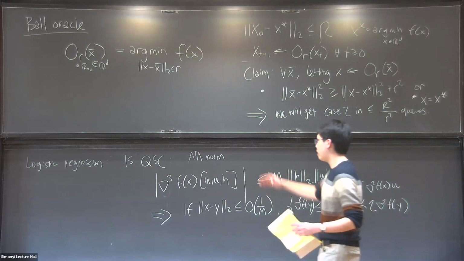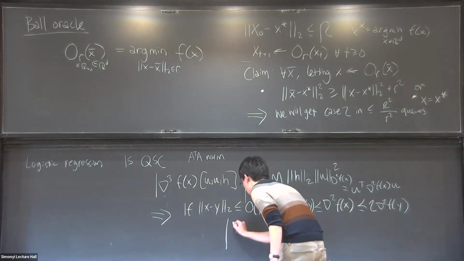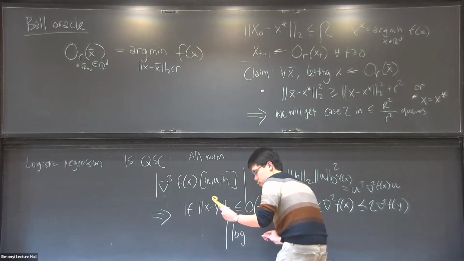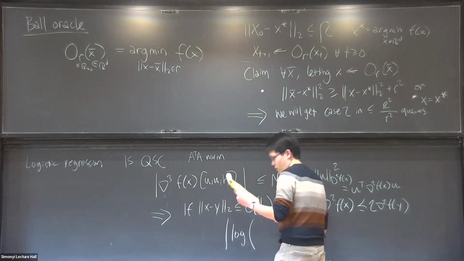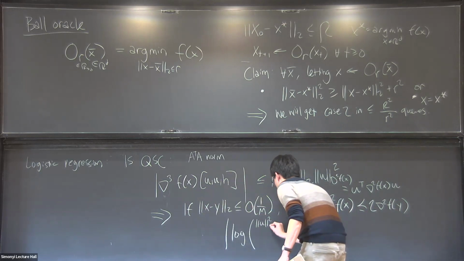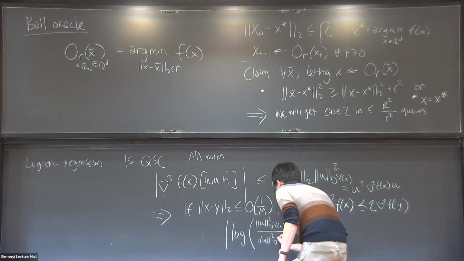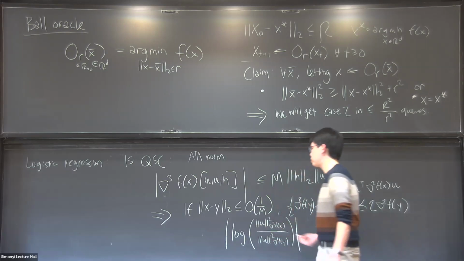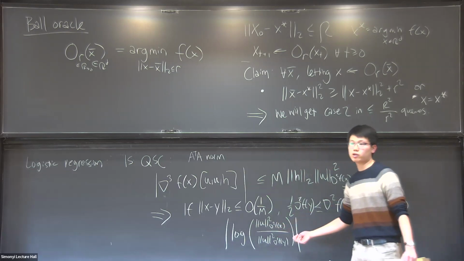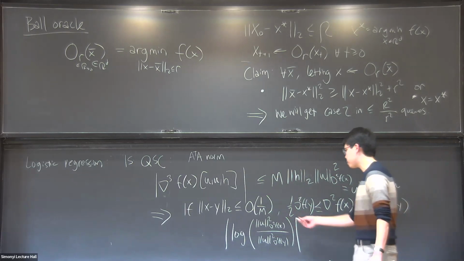To see why this implies this, it's just a one-line calculation. Maybe let me not say too much about it, but the idea is like this. The hope is that for all vectors u whatsoever, this is bounded by a small constant. This is what it means to be multiplicatively stable. We can write this as an integral.